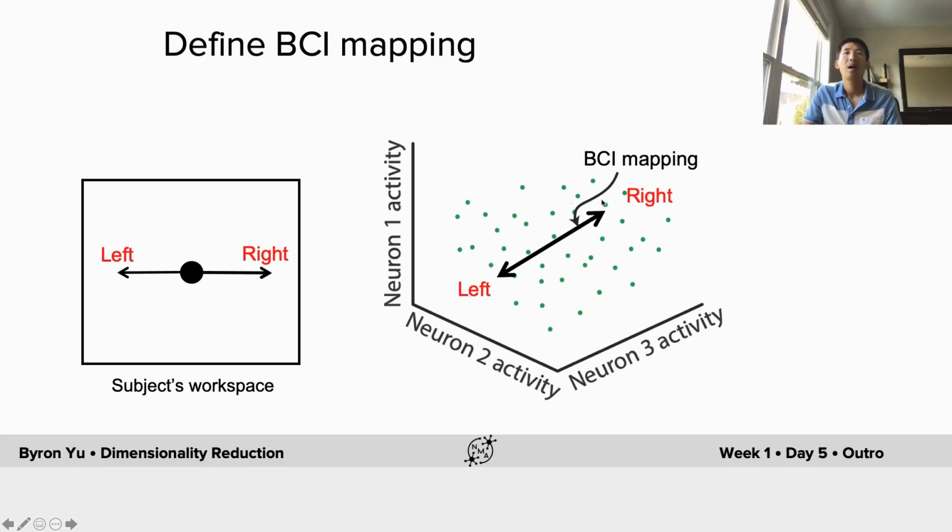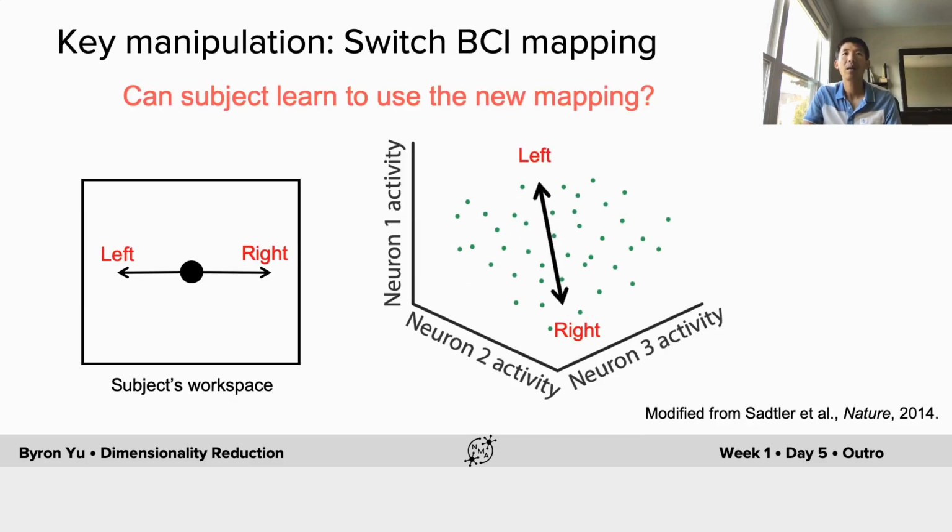A key experimental manipulation in our experiments was that we switched the mapping unannounced to the subject. And what we asked was whether the subject could learn to use the new mapping. So now, to move the cursor to the left, the subject would need to produce neural activity up here.